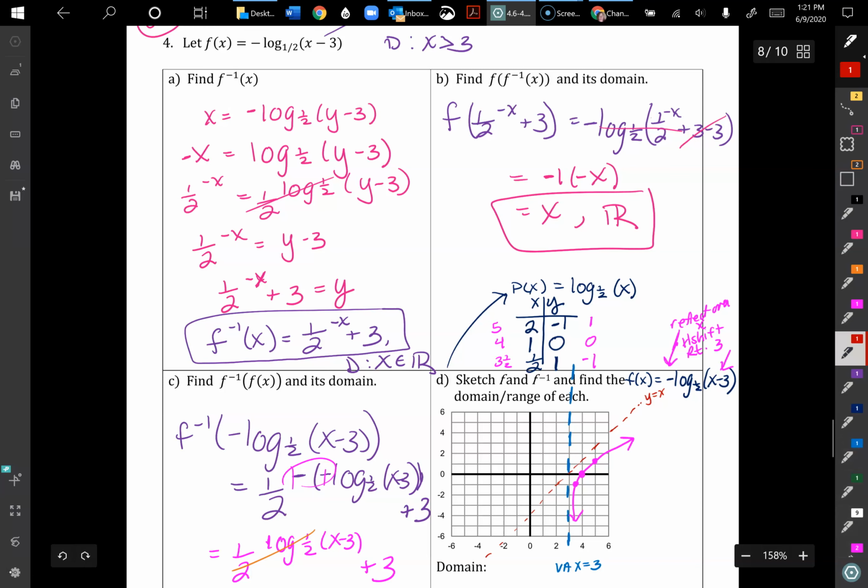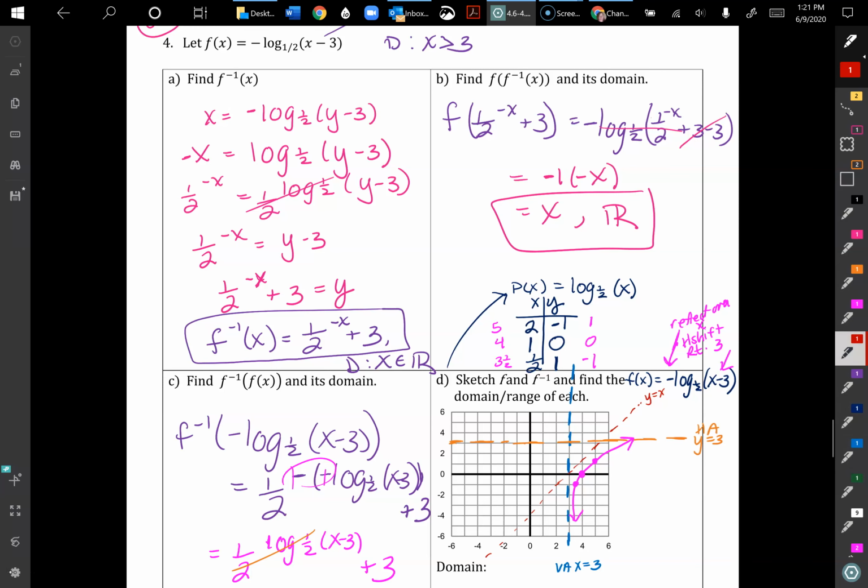Let me do a different color here. We'll do orange. So that's going to be here. That I will have a horizontal asymptote instead of 0. I'm shifting up 3 on that. So that's going to be y equals 3 for the horizontal asymptote. And then everything is going to just switch. So these points I would be plotting, maybe use red here.